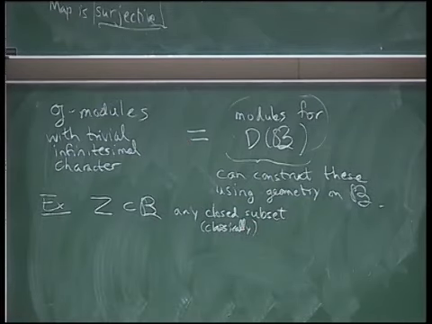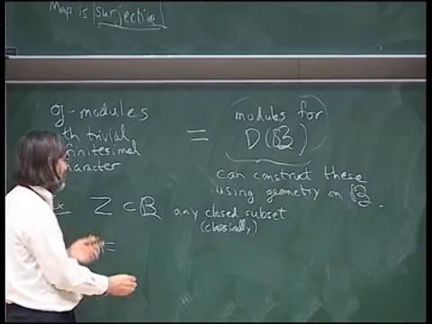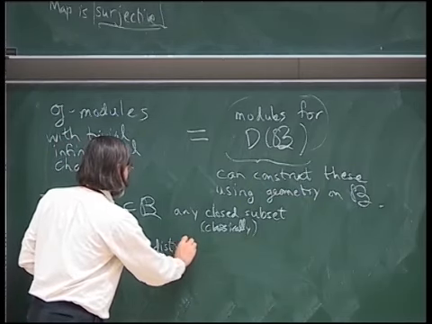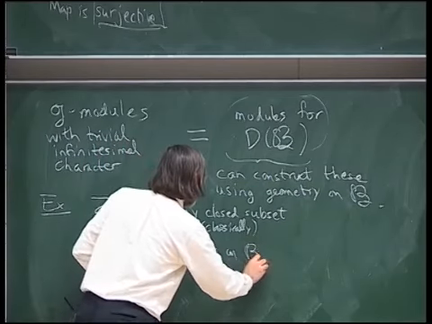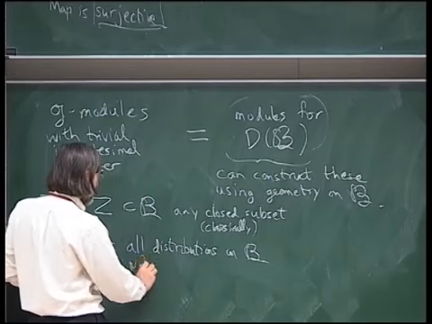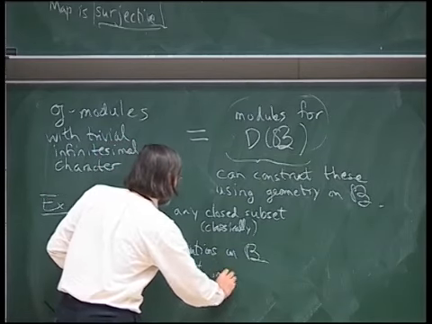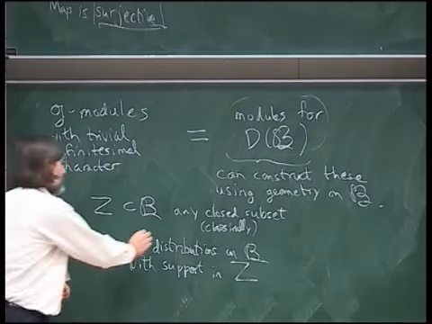so if you take a closed subset, you could define M to be all the distributions in the sense of Schwartz on B with support in Z. That makes perfectly good sense.